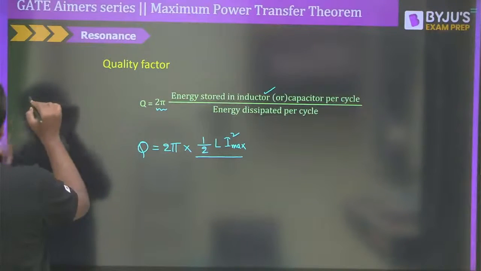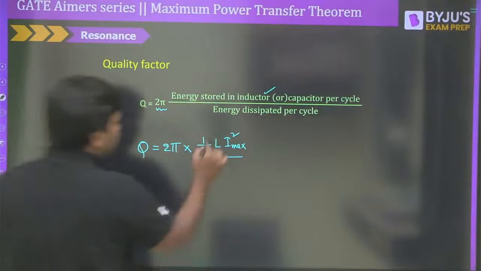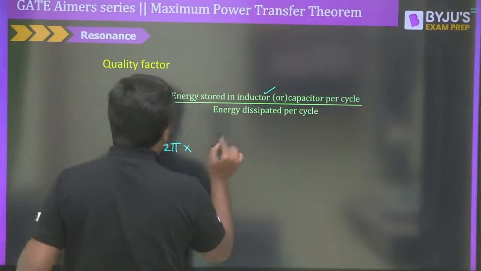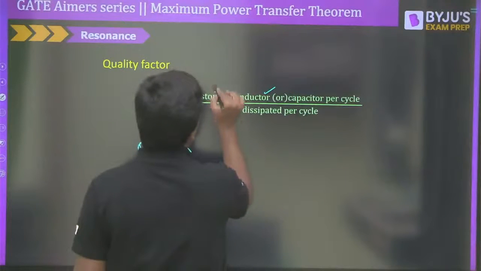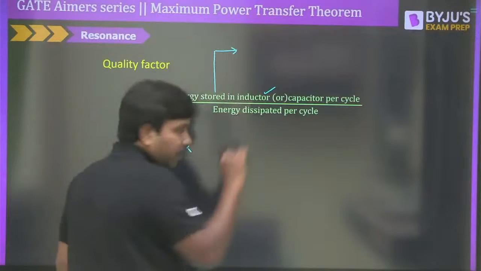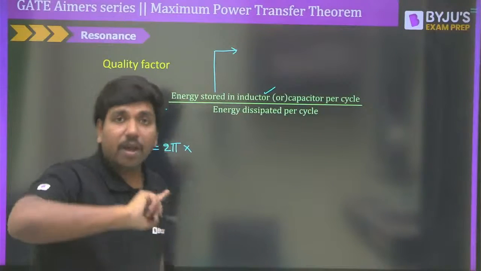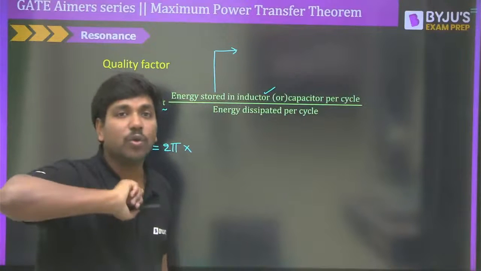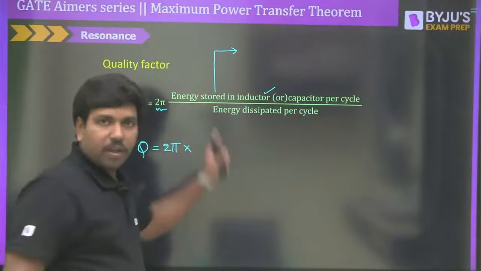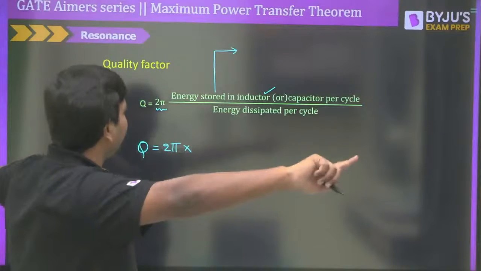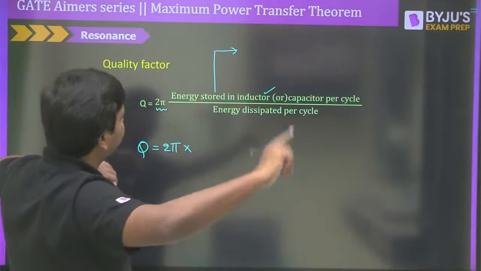One second. I'll tell you in the easiest way. How do we find the energy stored in the inductor? As we are in a series RLC circuit, the current through each element is the same. So we have to take current as a reference here, because current is the same throughout all the elements: inductor, resistor and capacitor.